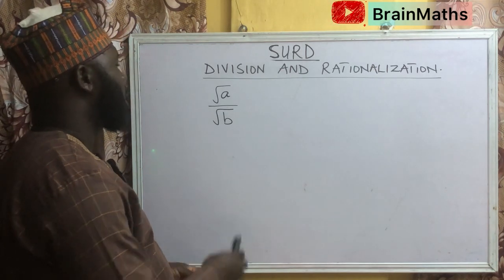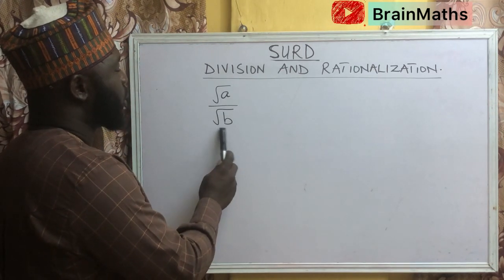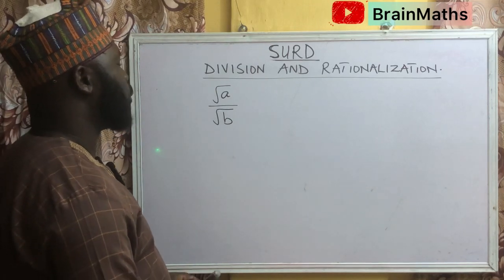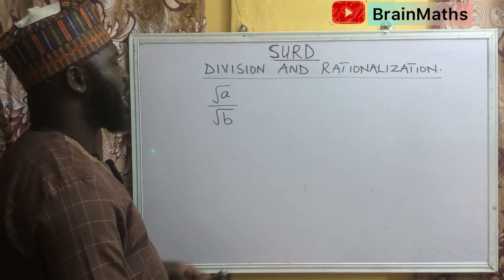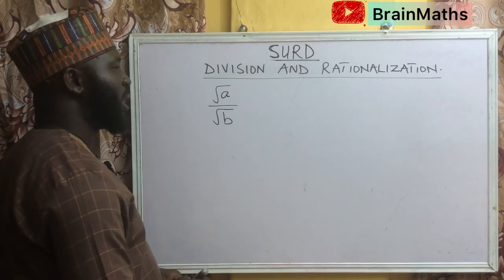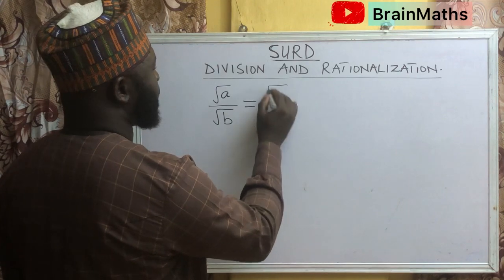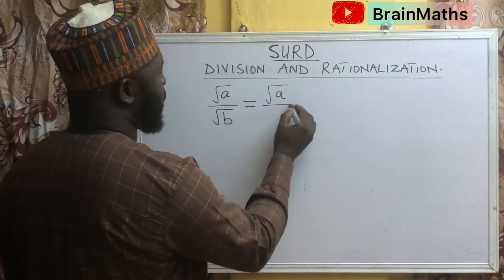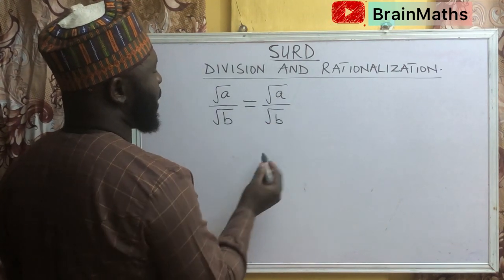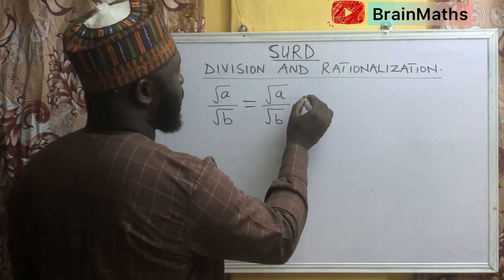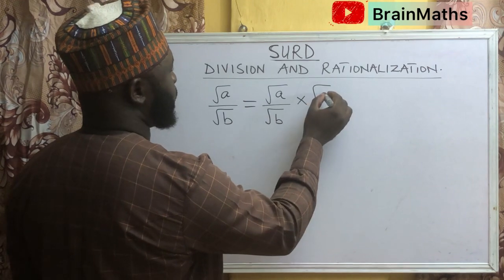So if you have your denominator in this form, we have to eliminate the root that is there. And we do that by rationalization. To rationalize means you write this as root A over root B, and then you multiply both the numerator and the denominator by root B.